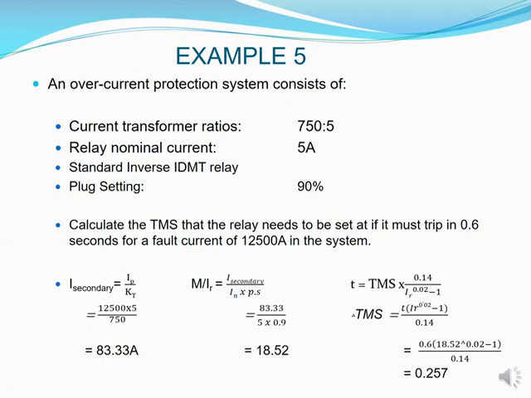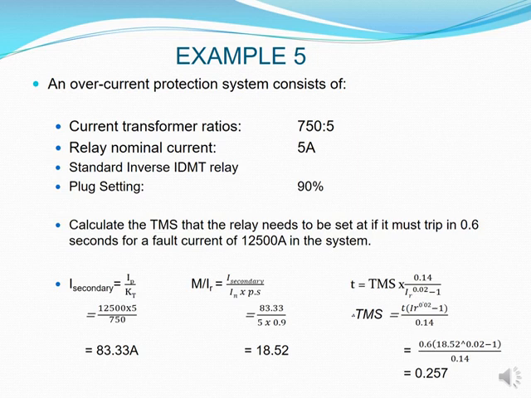If you are like me and you don't like doing too many calculations, you can always go straight to our IR calculation. How would you do it? It would be that fault current on the system, divided by your 750 times your plug setting. Why are the fives not being put in? Because the fives cancel out.